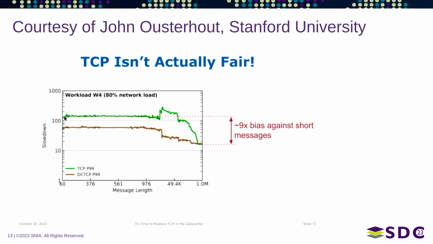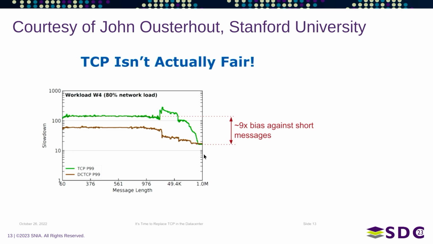So what you see is that small and short messages, which suffer a slowdown of 100x, are not really treated in favor. Large messages, like 1 megabyte, have a much better slowdown.